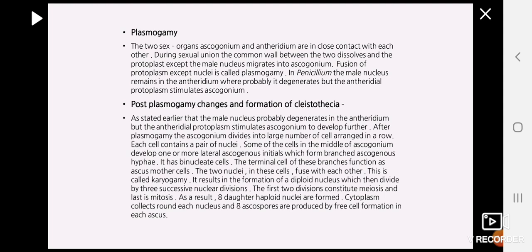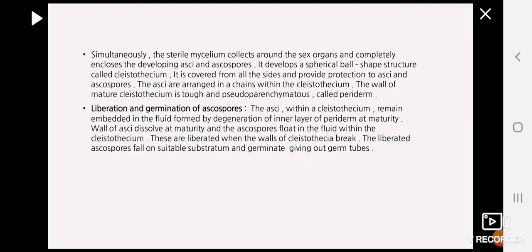Then these ascospores are liberated when the wall of the cleistothecium breaks, and when these ascospores fall on a suitable substratum, they germinate to produce a germ tube. A suitable substratum for ascospores is any vegetable or decaying fruit, because they acquire their food from dead organic matter.